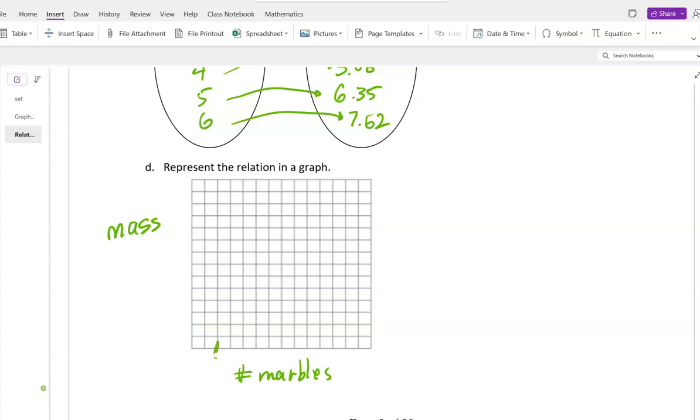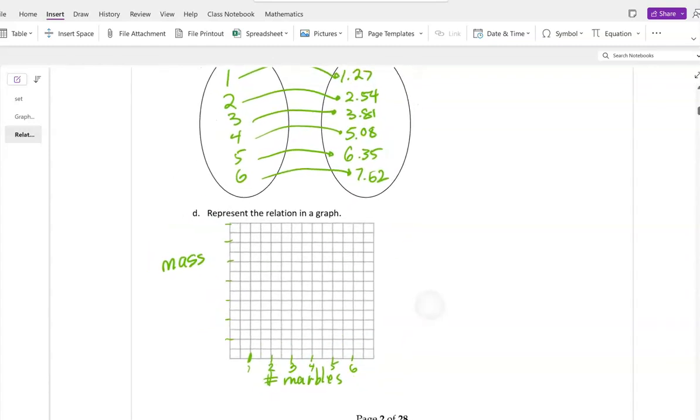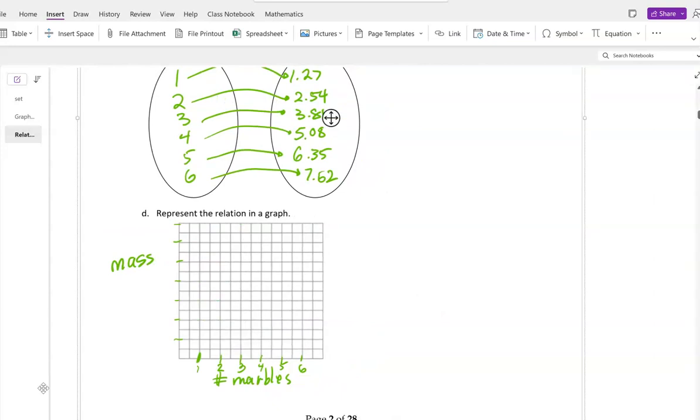And so if I call this 1, call this 2, call this 3, 4, 5, 6, and then I put the weights here, 1, 2, 3, 4, 5, 6, 7. Okay, 1 marble would be approximately 1.27. 2 marbles would be about 2.54.